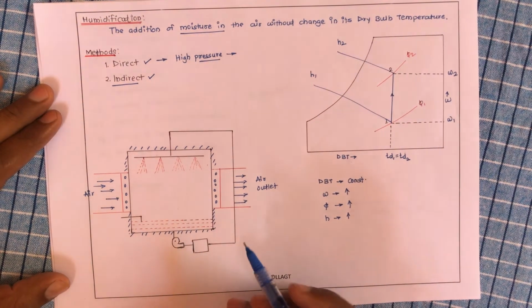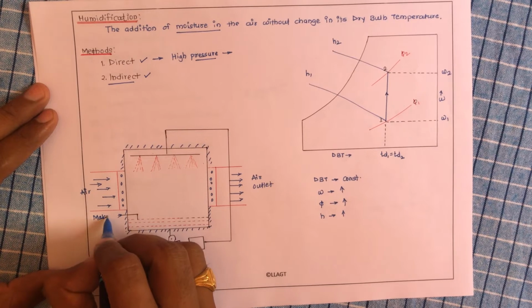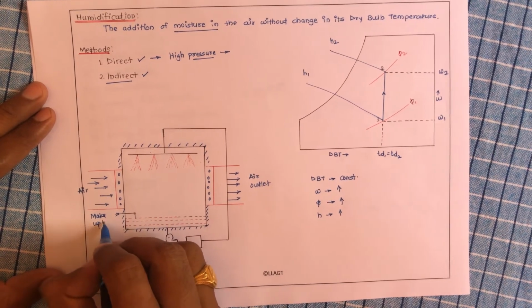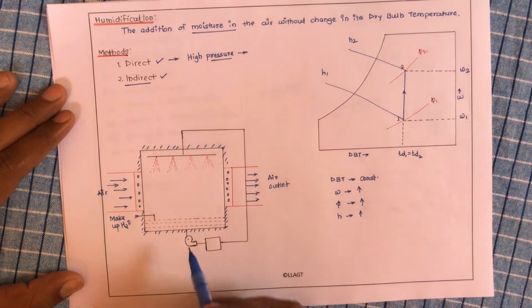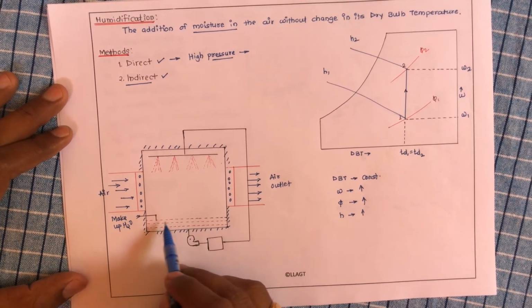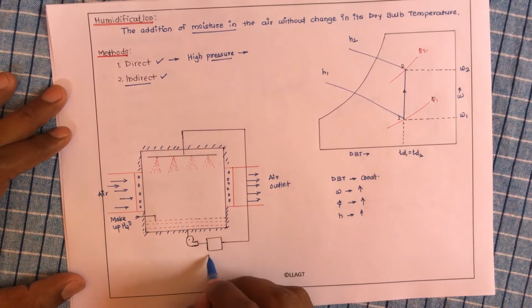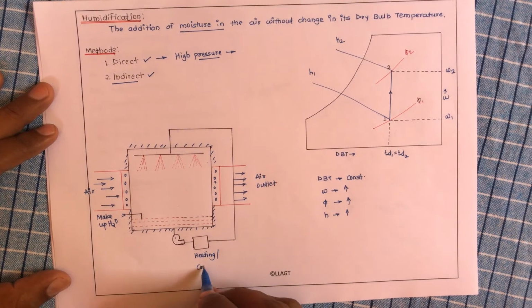Some water is present, and here we are going to supply the makeup water in order to maintain the specific level inside this chamber. Now here, as per our requirement, we are going to pump the water which is present here, and this is your heating or cooling coil.